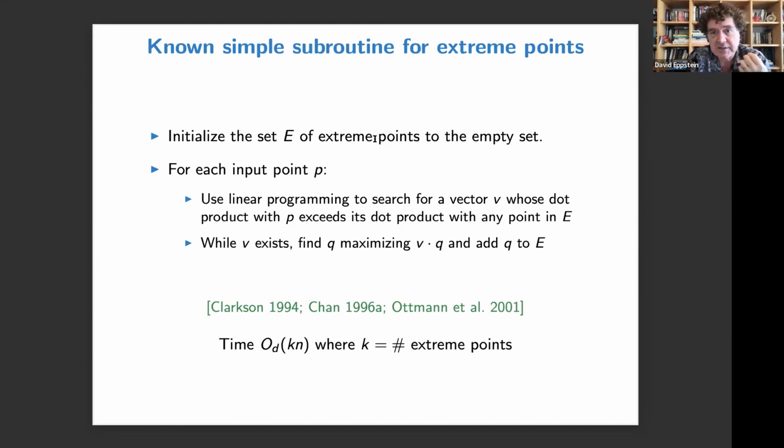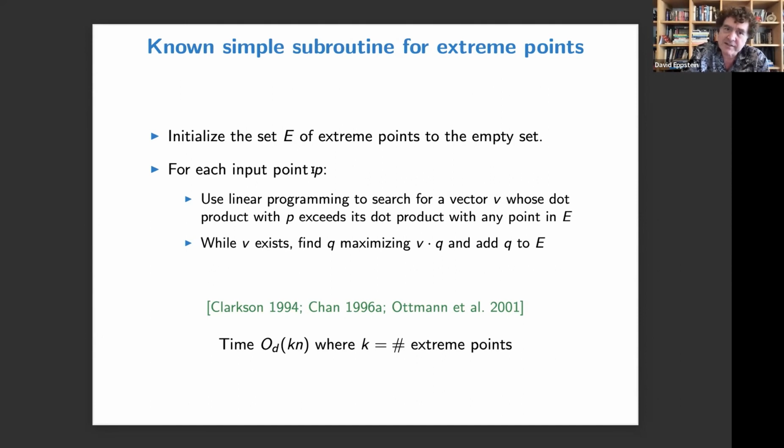So let's initialize the set of extreme points to be the empty set. And then for every input point P in an arbitrary order, I want to do some computation that either adds one to the set of extreme points or determines that P is not extreme. And so what I'm going to do is use linear programming to search for a vector that shows that P is more extreme than the set of points we've already identified in the direction of that vector.